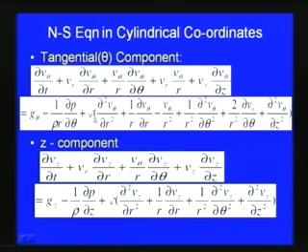Here nu is the kinematic viscosity and G theta is the acceleration in the direction of the theta component.